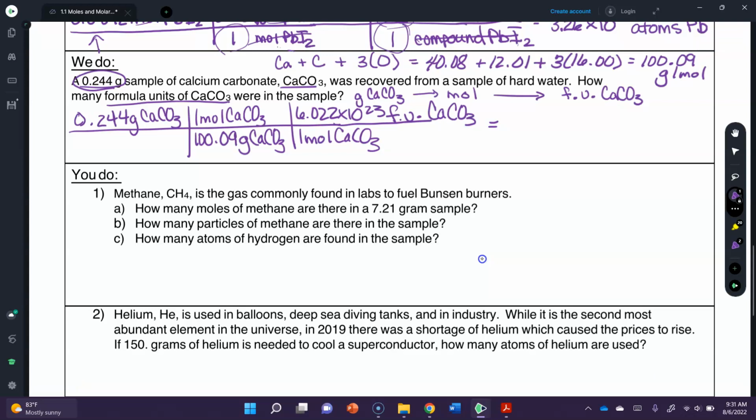Okay, so now you should be able to see that we put down what we're given first, we change it into moles next, and then into formula units. From there, we can drag units diagonal so that they do cancel and fill in our conversion factor.